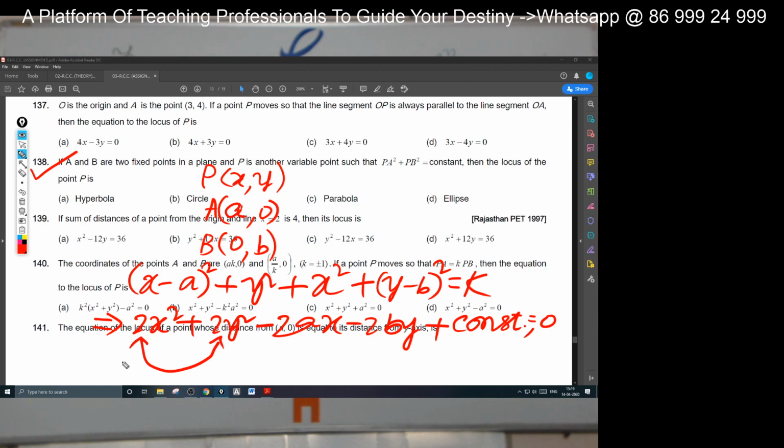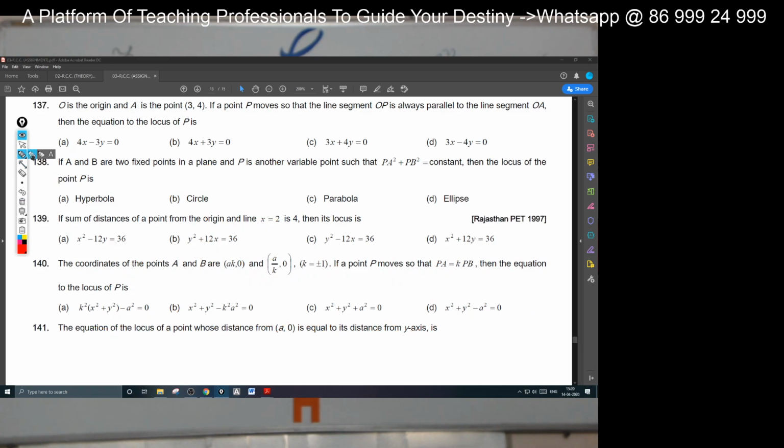No xy term is present. Coefficient of xy is equal to 0, and it is a second degree non-homogeneous equation. Very good, Aaron. If we want to have the standard format, we have to divide the entire equation with 2. So this is a circle, please. Option B.